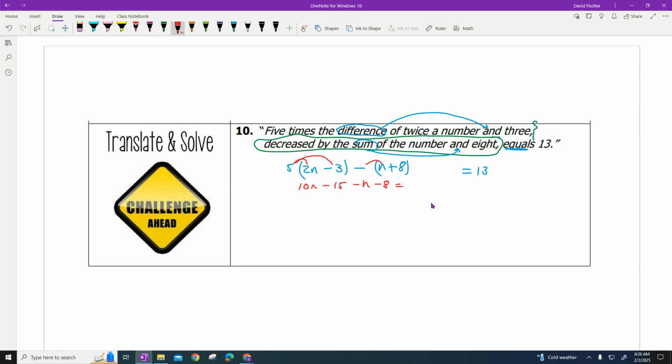And I'll bring that equals 13 and bring it over to the left here. I want to look for like terms. I got n's and I got n's. I got a negative 15 and a minus 8. I got some negatives and more negatives. Now I have a whole bunch of negatives.